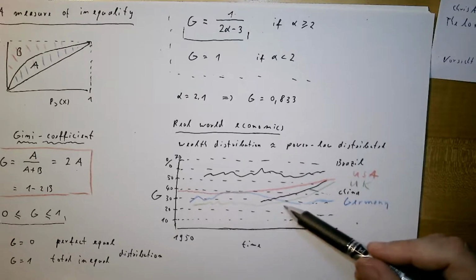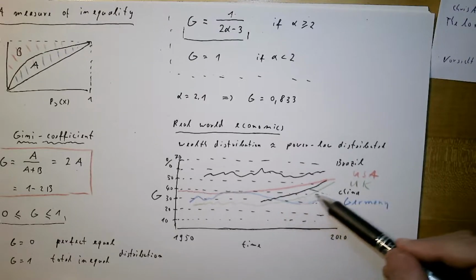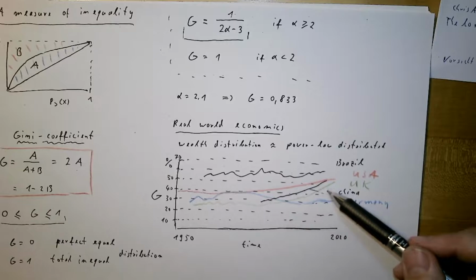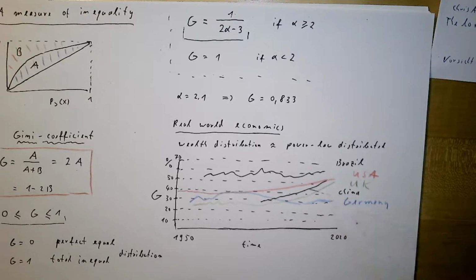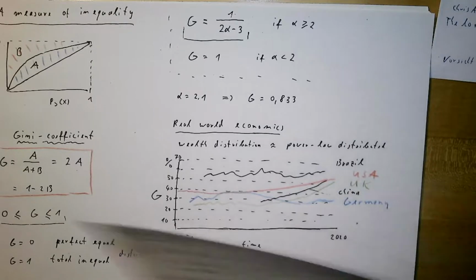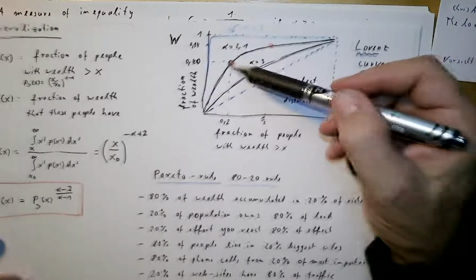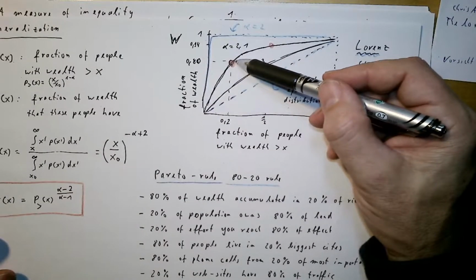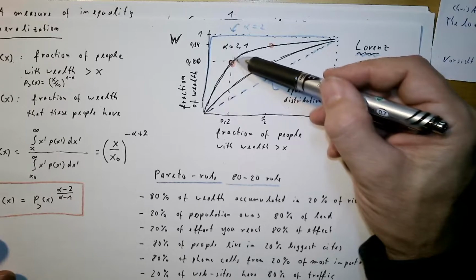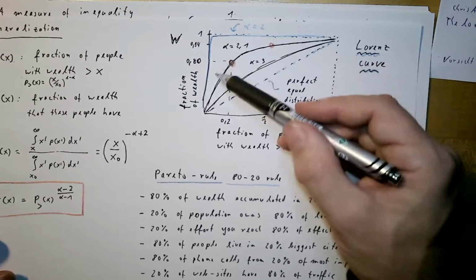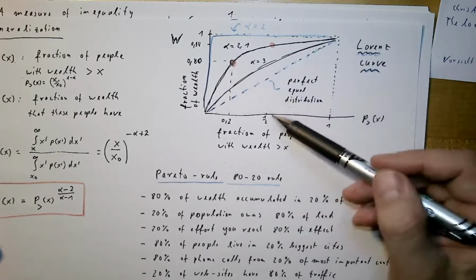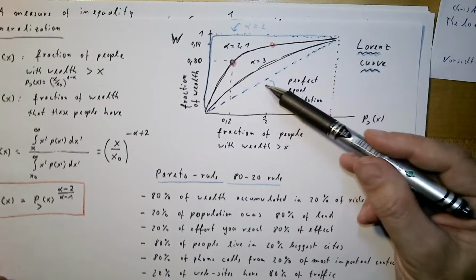And if you have an increase in a Gini coefficient of 10%, this actually means a lot, because in such a diagram here it means that this curve is 10% shifted to the side, and that means a lot more money is suddenly accumulated by the richer people.